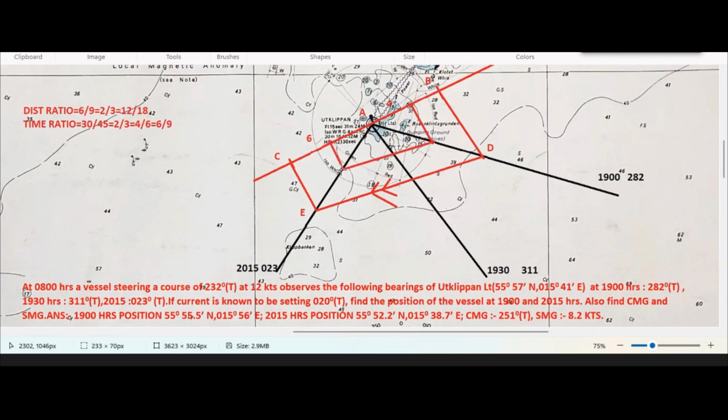Any ratio, this line will be parallel. This is a unique feature of this. I am drawing the smaller 2/3 ratio, and we also get a position line. Any ratio you take, all lines will be parallel lines.